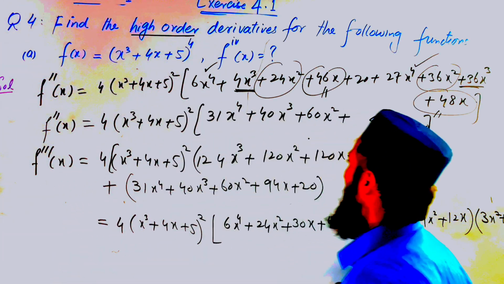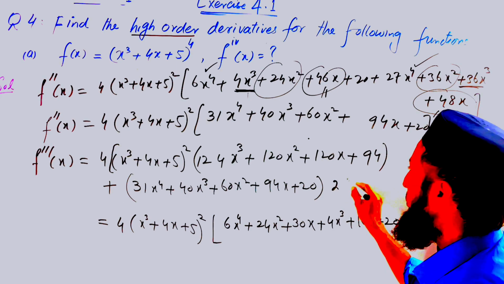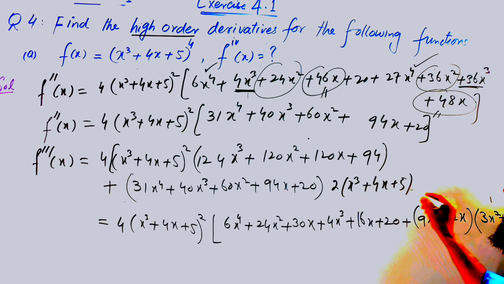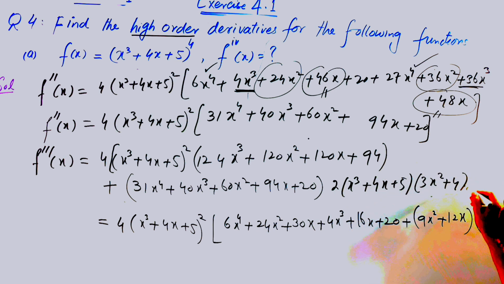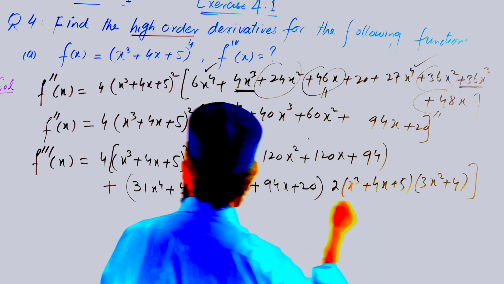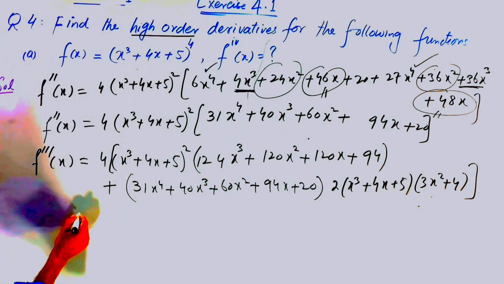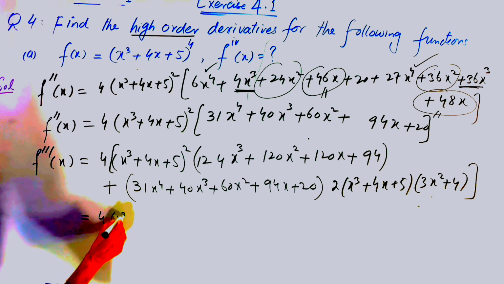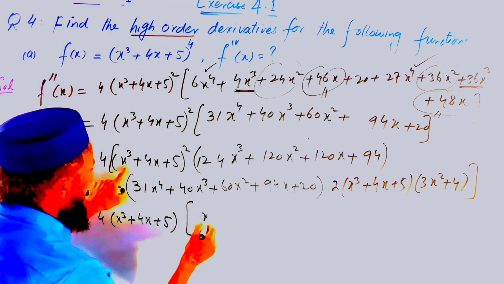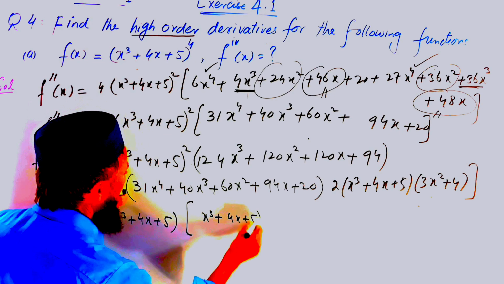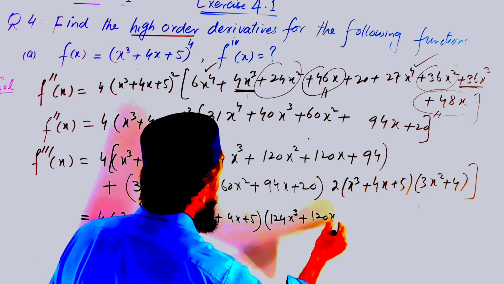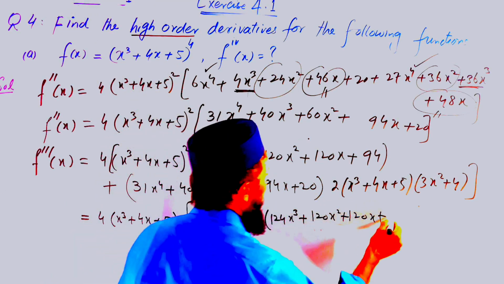We take common 2 and 2 x cube plus 4x plus 5, and 2 minus 1 is 1, and further the derivative of this function is 3x square plus 4. x cube plus 4x plus 5 is common, so we get x cube plus 4x plus 5, one term is remaining, and 124 x cube plus 120 x square plus 120x plus 94.